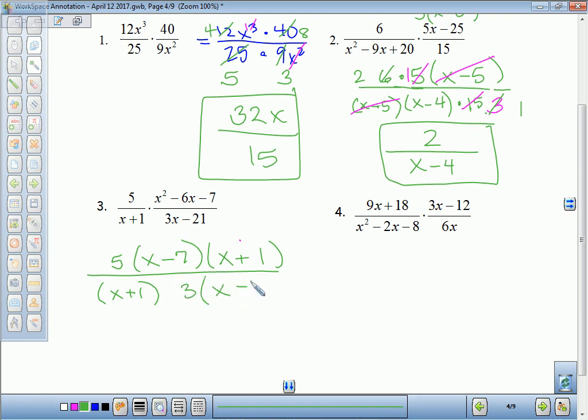Is it also kind of like, once you have one on each side, you can't do anything with them? Once we have no multiplication left and these are added or subtracted together, we cannot go in there and simplify any further. Alright, so in this one we do have some common factors. That x minus 7 will cancel, the x plus 1 will cancel, and it reduces simply to 5/3.